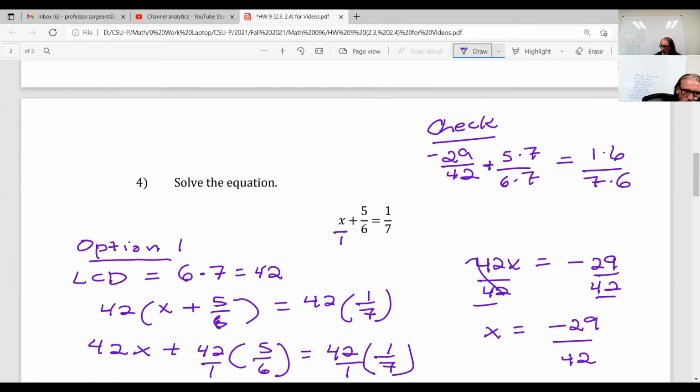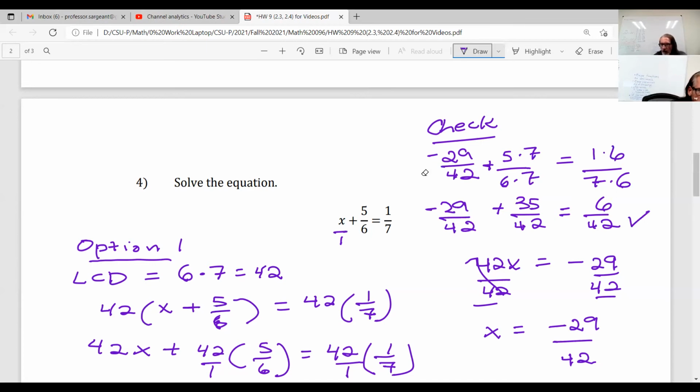So we want to know if negative 29 plus 35, all that over 42, does that equal 6 over 42? And yes, negative 29 plus 35 would equal 6. They're all over 42, so this checks out.